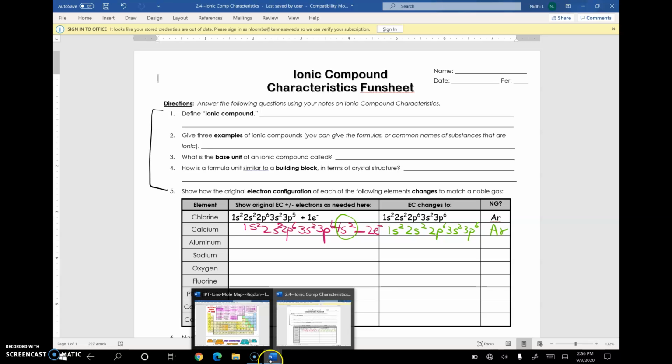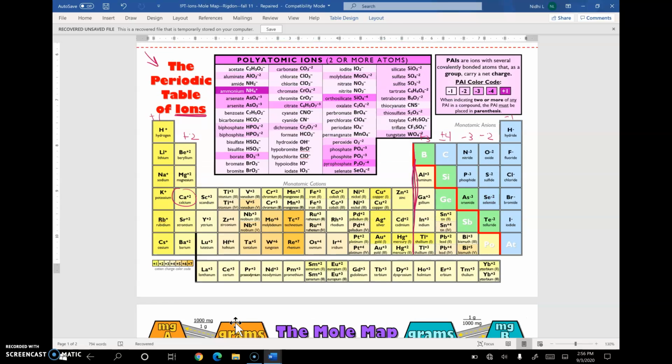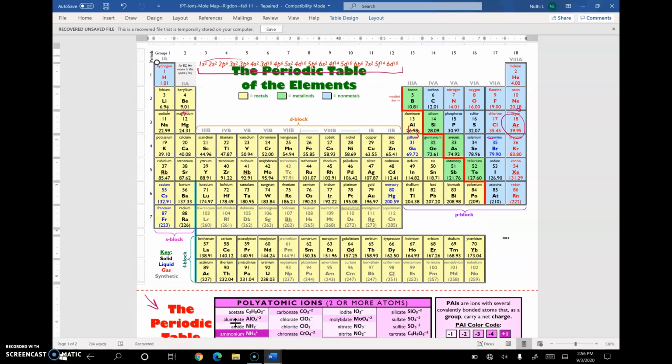Aluminum, let's go ahead and go back to the periodic table. Notice where aluminum is, right here. This is the P zone. Remember we did that? This is all going to be P. And the top of this periodic table also tells you that this is the P. So aluminum is going to have 13 electrons, which we need to represent in that electron configuration.